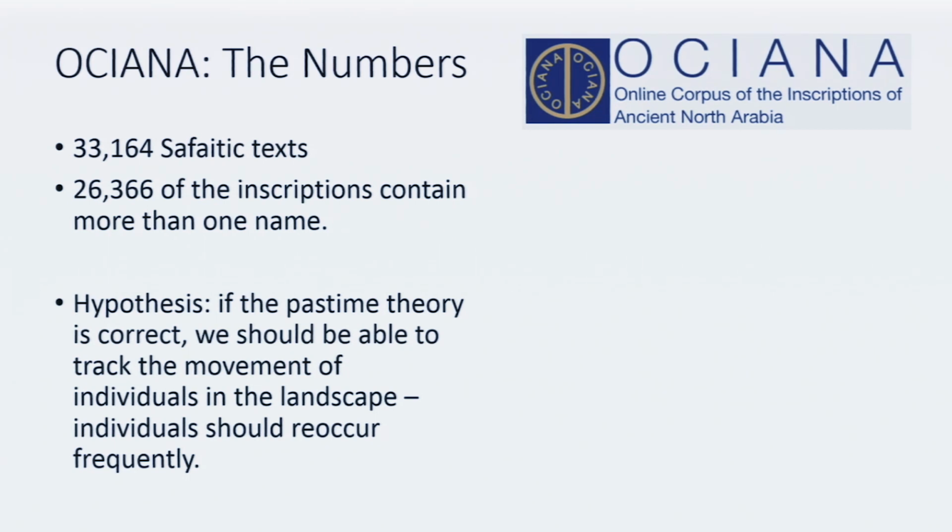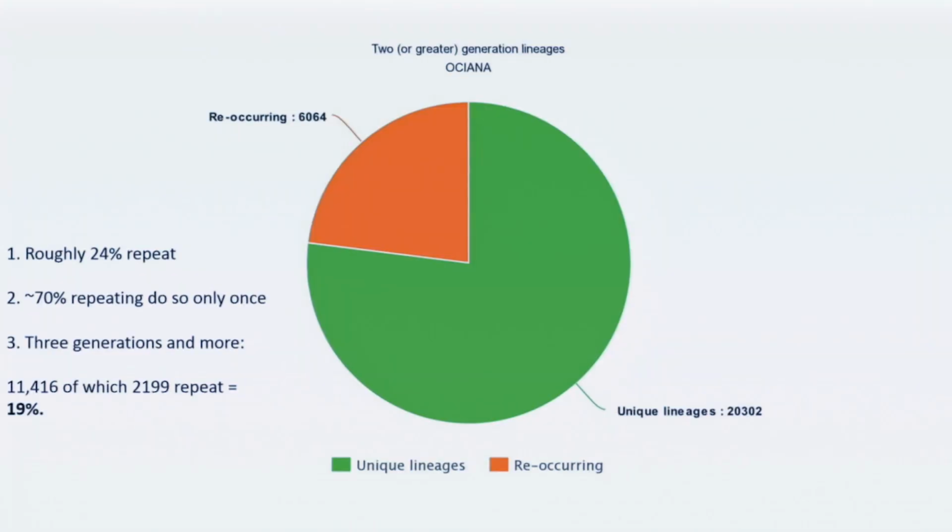We can only do this test with inscriptions that have more than one name, of course. And so that reduces our corpus to 26,366. Still a large number. Now when we do that, this is what we get. The vast majority of texts, 76%, those individuals appear only once in the entire corpus.